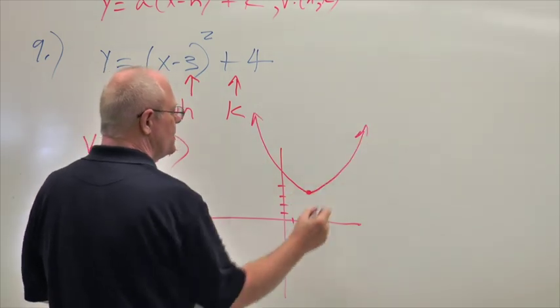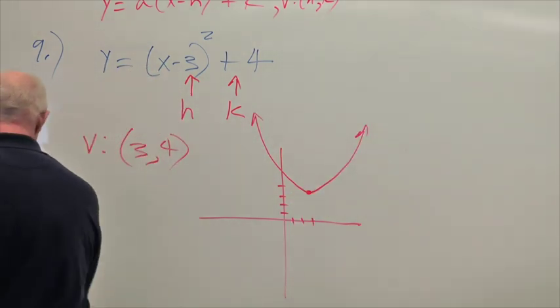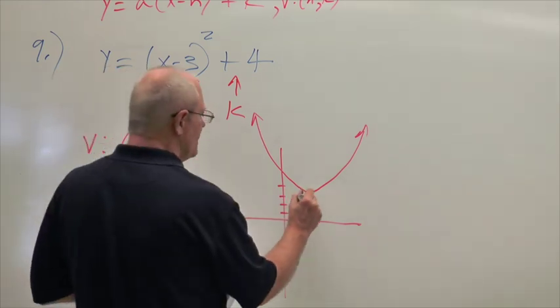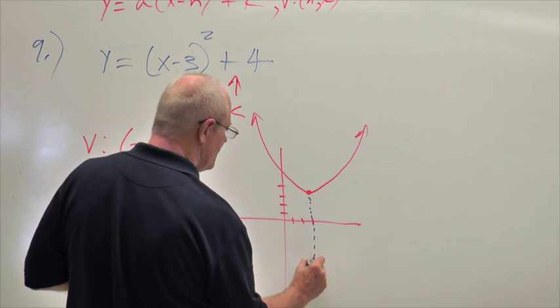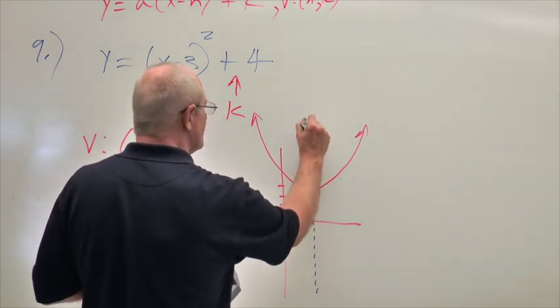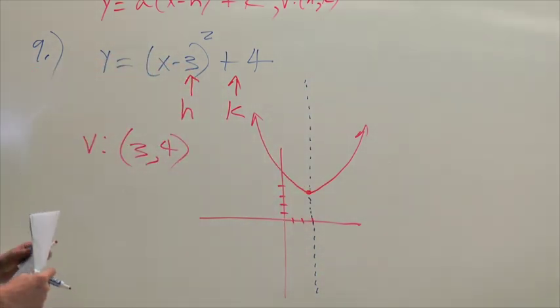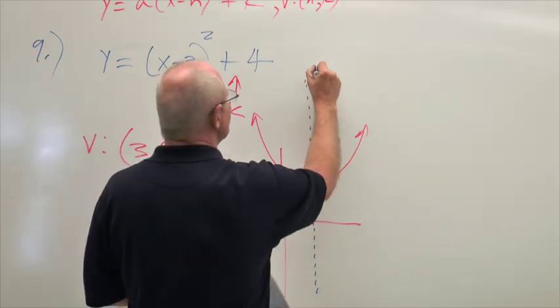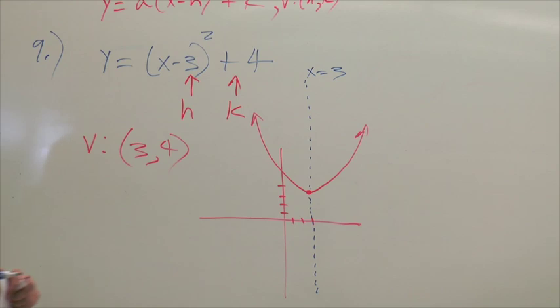Where's the axis of symmetry always, in a parabola, a quadratic? What's the equation of that line? x equals 3. x equals 3. x equals one thing. Good? Okay.